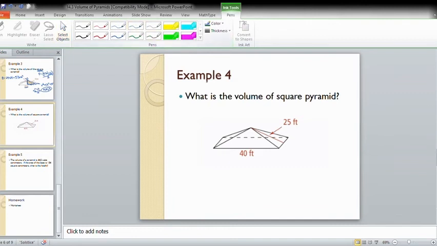All right, so what is the volume of our square pyramid? We just did one just like this, so why don't you see if you can do this one on your own, and then come back and see how you did. All right.